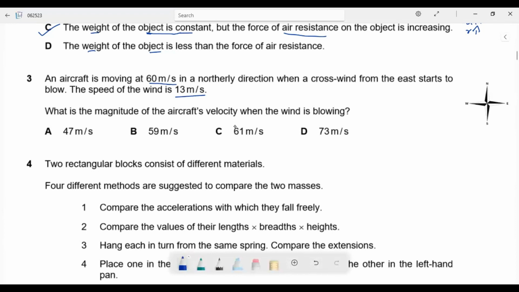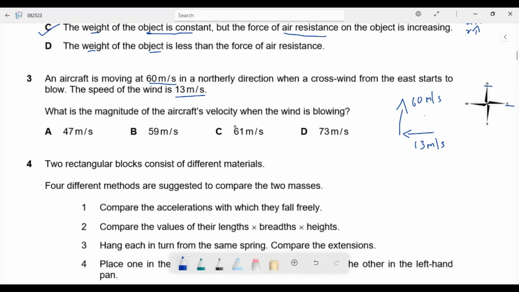So the aircraft is moving in the north direction with a speed of 60 meters per second. The wind is from the east direction, blowing towards this side with a speed of 13 meters per second. What is the magnitude of the aircraft velocity when the wind is blowing?